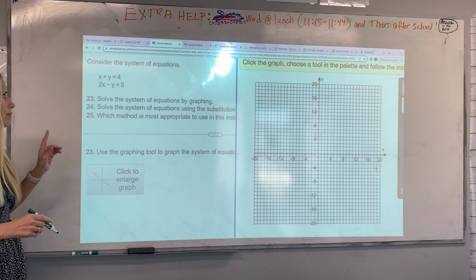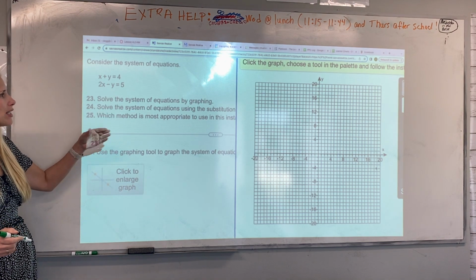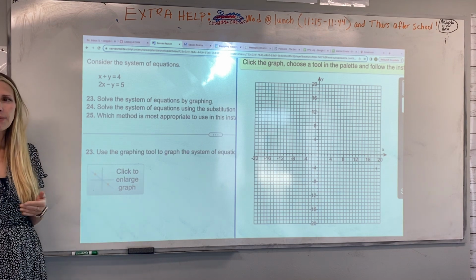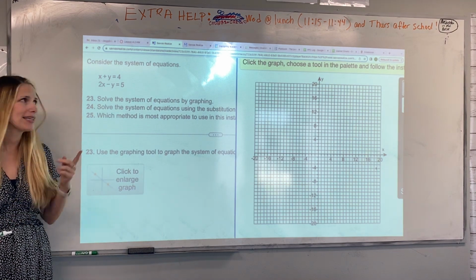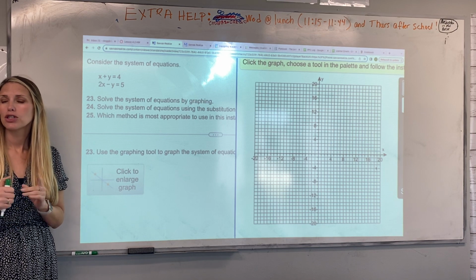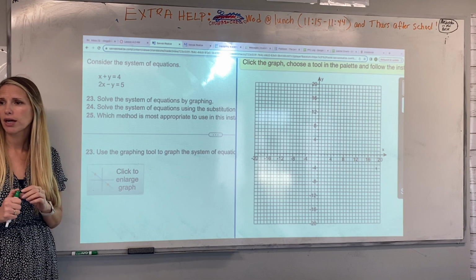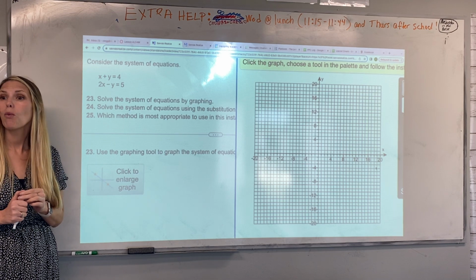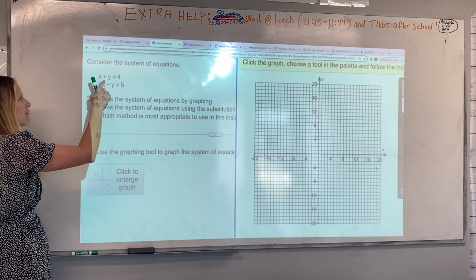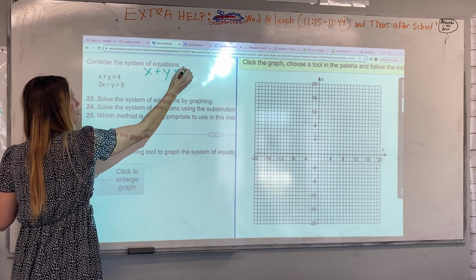I don't like how they blur this out a little bit, but it says to solve them by graphing. If I'm going to graph them, what do I need to do first to these equations? Put them in slope-intercept form. Okay, and that means I have to solve for y. Very good. So x plus y equals 4.